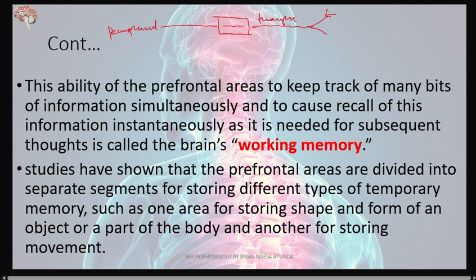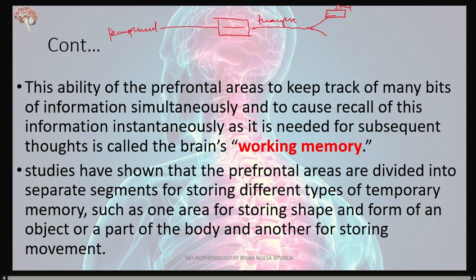So these thoughts can be stored temporarily within the prefrontal cortex. So maybe telling you to stand up. And before you act on this thought, there needs to be some form of comparison.